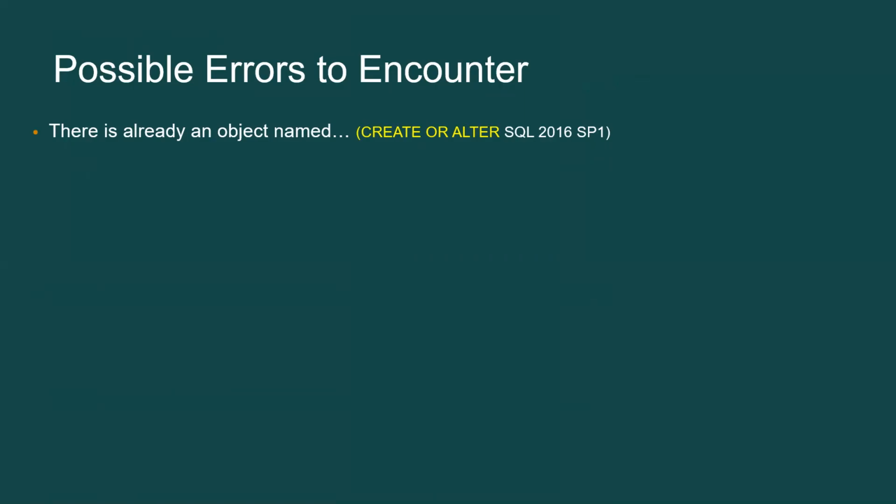So they should use alter. Now, in SQL 2016 SP1 and above, there is a new SQL statement, create or alter. If it doesn't exist, it will create it. If it exists, it will alter it. That's really a good addition by Microsoft after 2016 SP1.